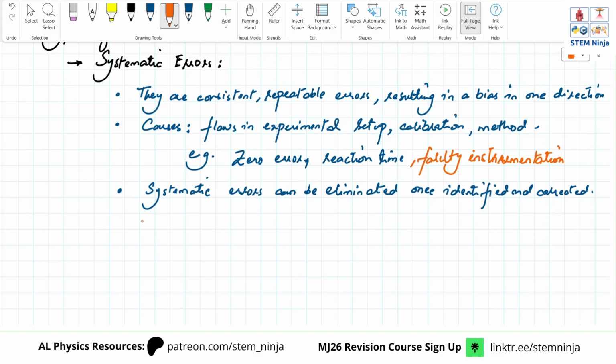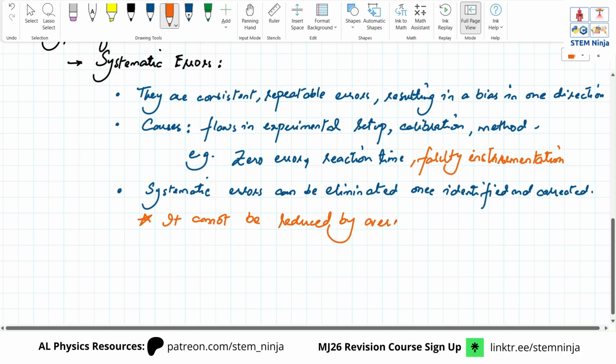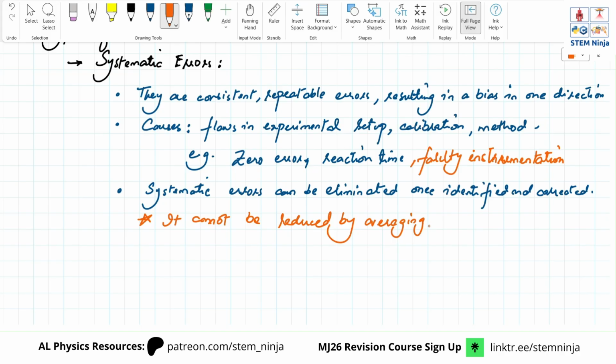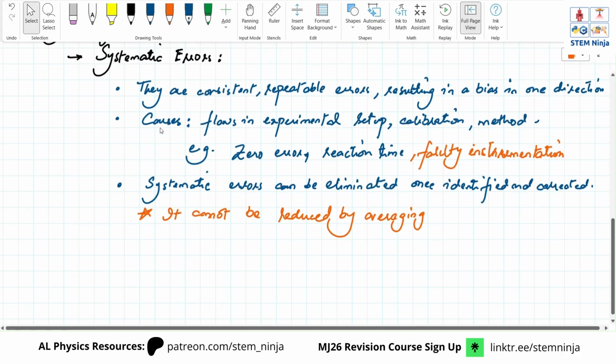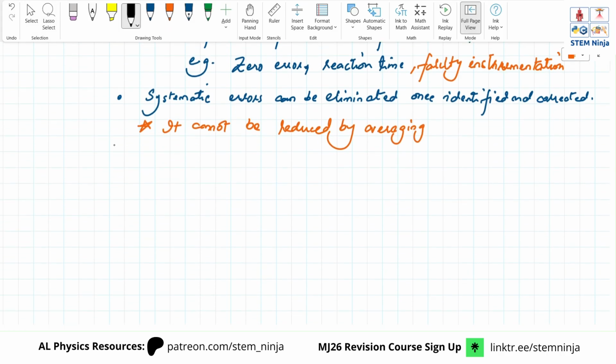One thing you need to remember, it cannot be reduced by averaging. That's not how this works. However, random errors can be reduced by averaging.